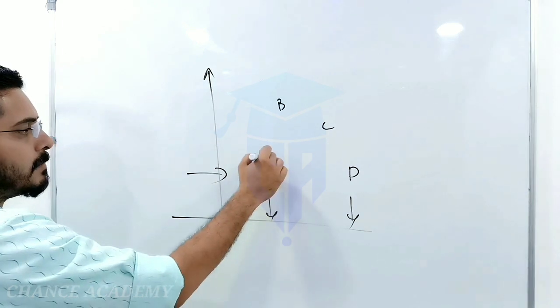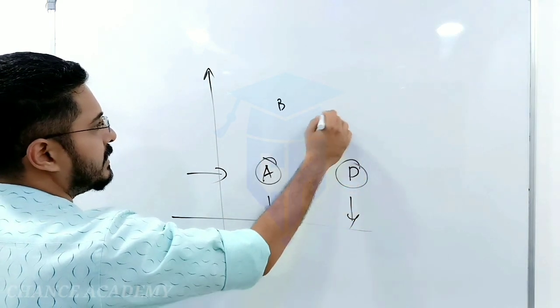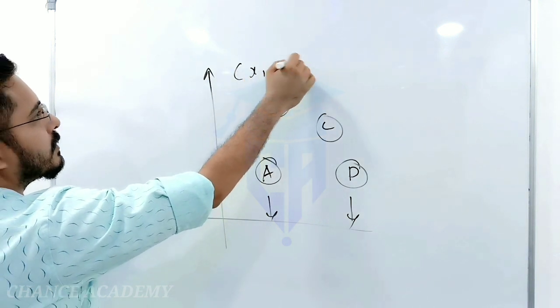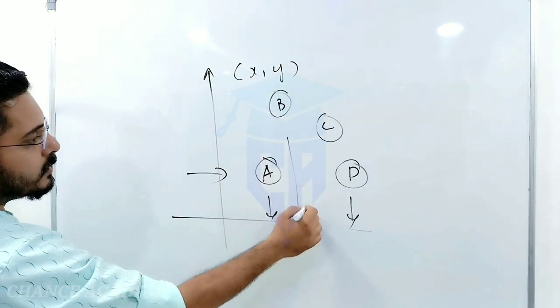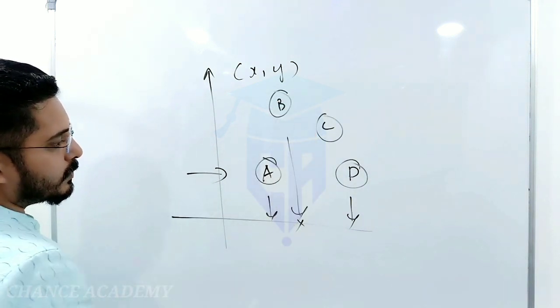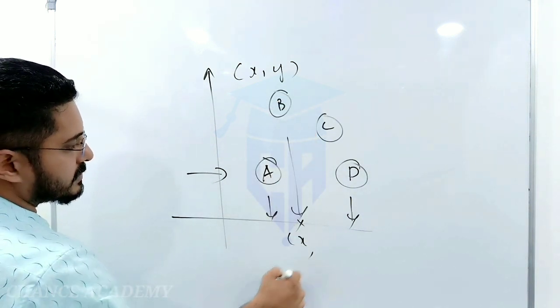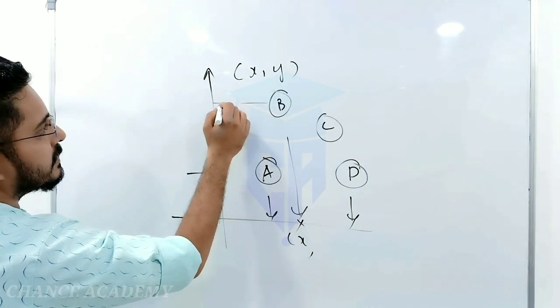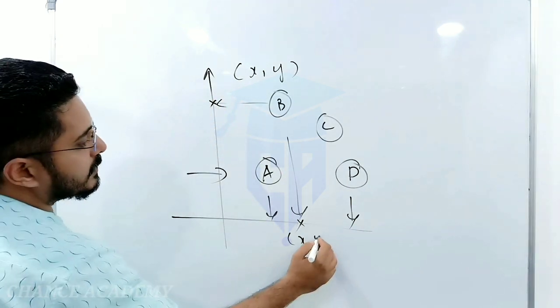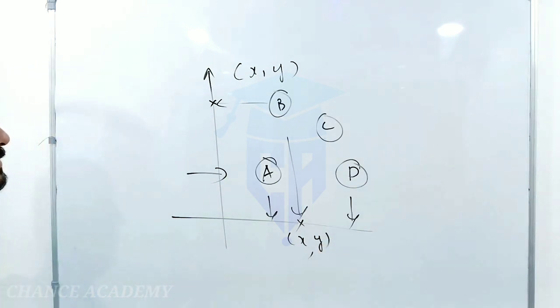On getting points A, D, C, and B, how do you locate the x and y coordinate? Just look at the x-axis, vertically down, and you will locate one point that will give you your x. And horizontally, when you look at the y-axis, you will get one point here. That will give your y coordinate. In that way, you can fix all the coordinates of A, B, C, and D.